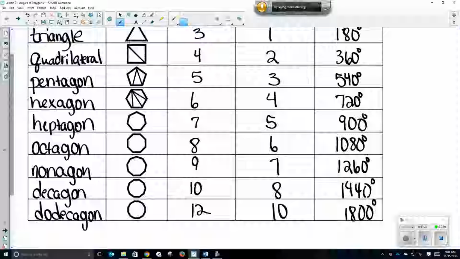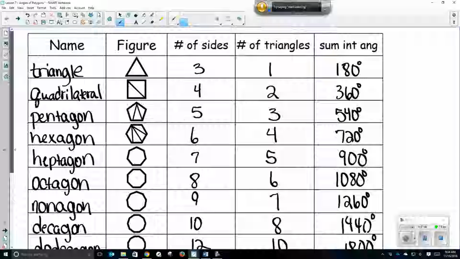All right. Well, here's the problem. You know, there are polygons that have 50 sides. Do we want to keep adding 180 every time until we get up to 50 to find the sum of the interior angles of a 50-sided polygon? No. We need a formula. We need a formula based on the sides of the polygon.